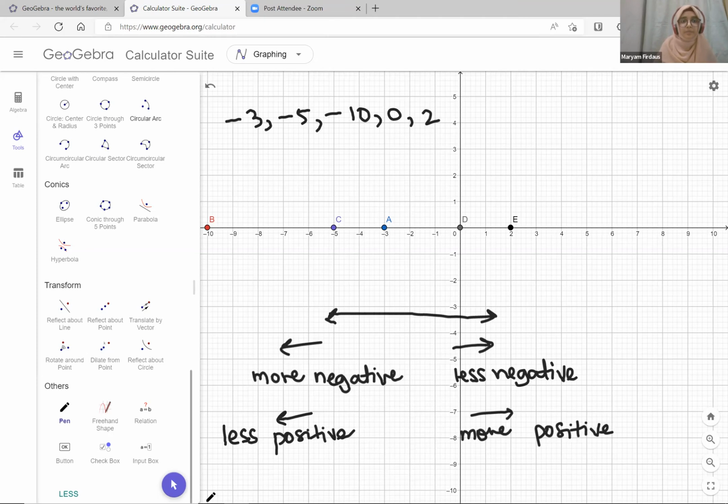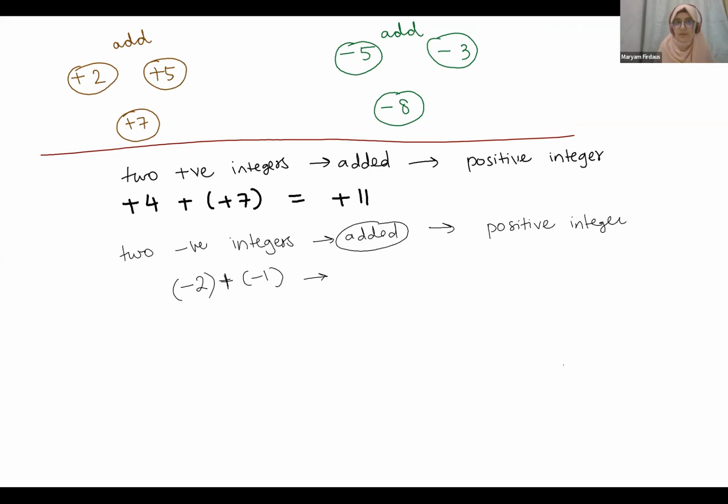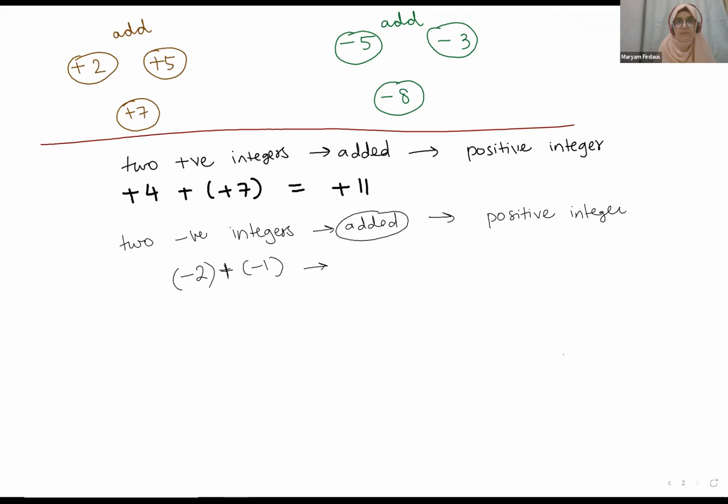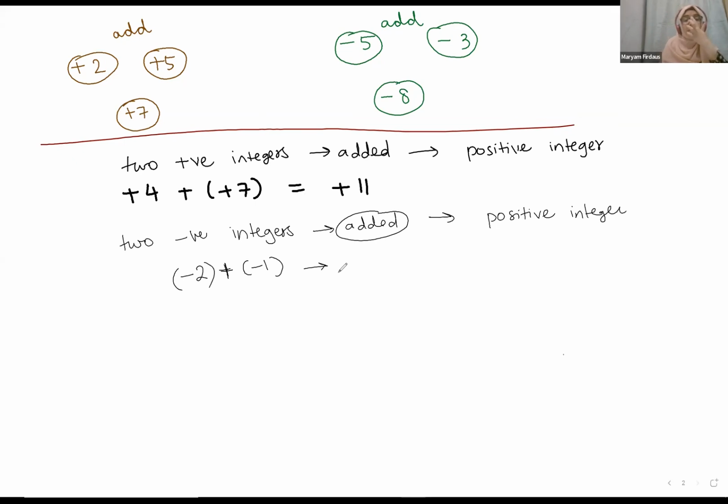Okay, so let's come back to our whiteboard. Can you see my whiteboard? Yeah. Okay. So once again, we were talking about when we have 2 negative integers and we add them, do we get a positive integer?